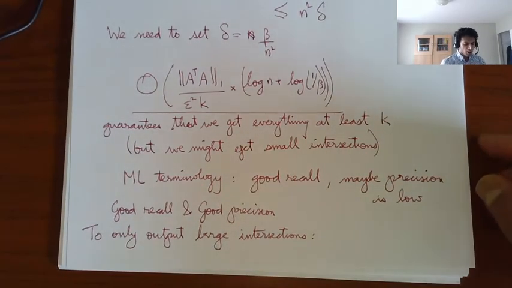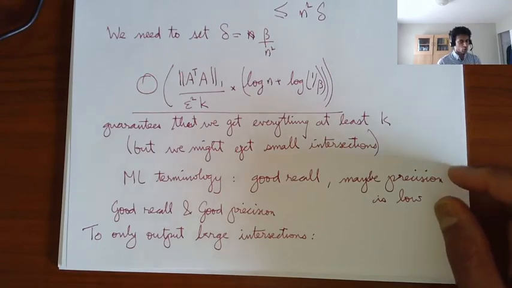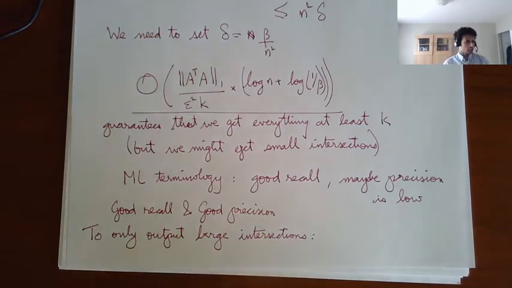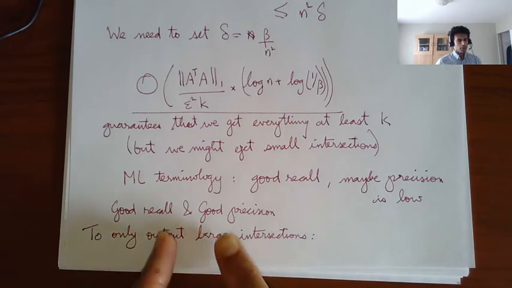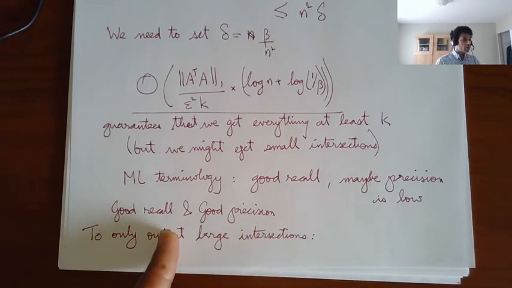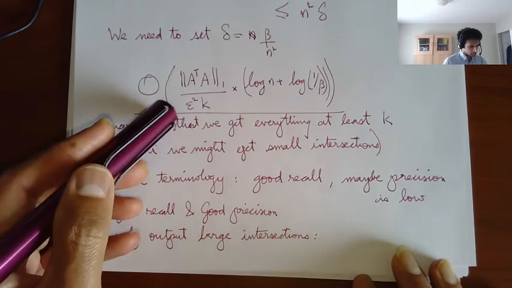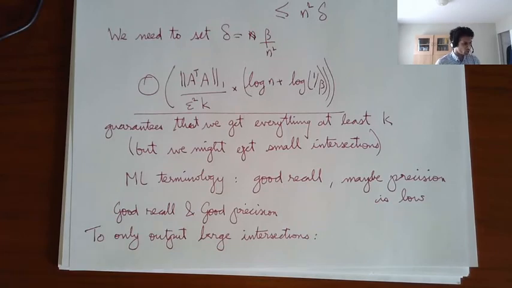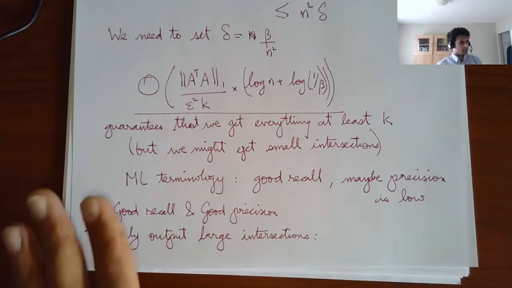Often in many recommendation systems, this is okay, because all of this data about who is similar is going to be fed to some machine learning pipeline that will take care of things itself. But in some applications, you want to output everything that's similar and only output things that are similar, in which case you need to do some more samples. The analysis then becomes more Chernoff bound arguments, which is a good exercise but somewhat of a distraction from the basic algorithm here.